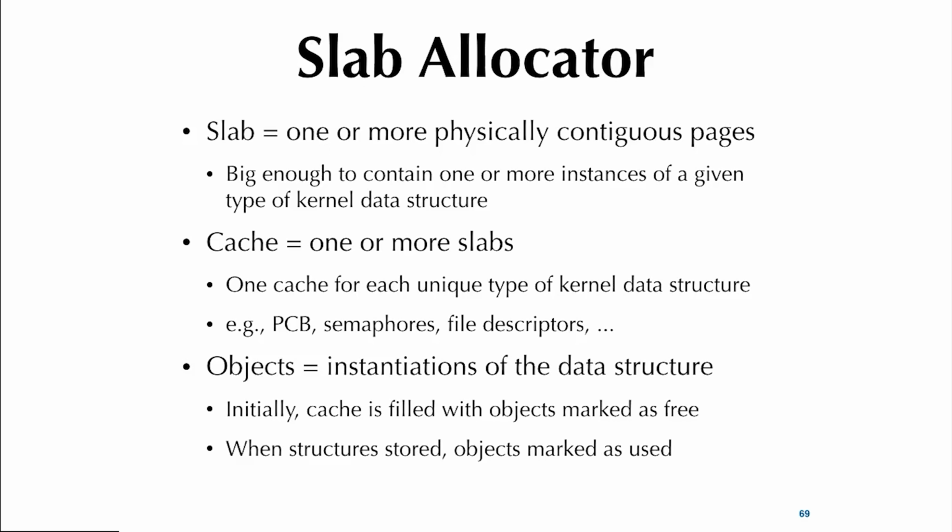That's how you can do allocation and deallocation very efficiently. It doesn't have to scan the different holes. It already knows which is free or not. You allocate one, mark it as used, and you wouldn't reallocate it to somebody else unless it's freed again.